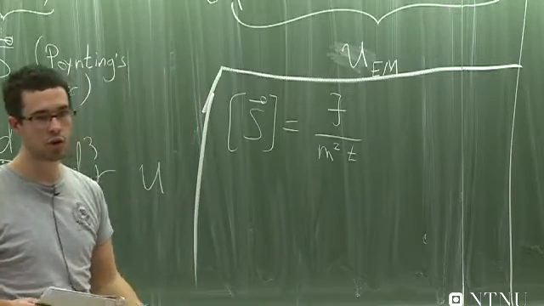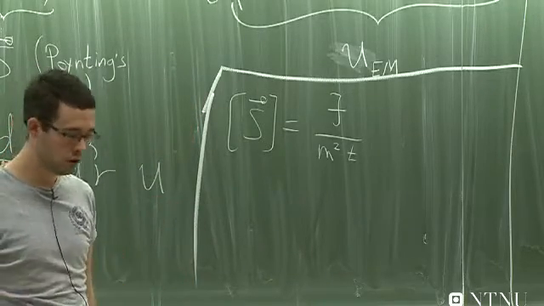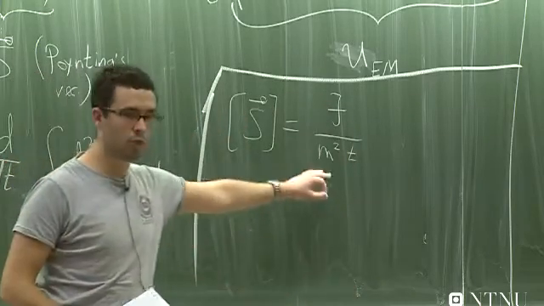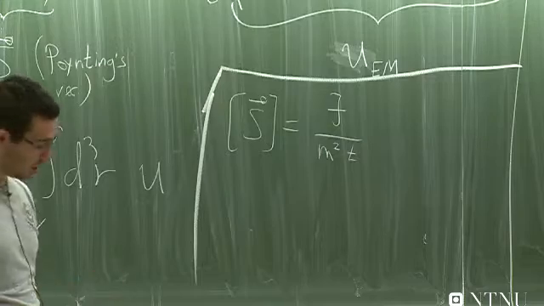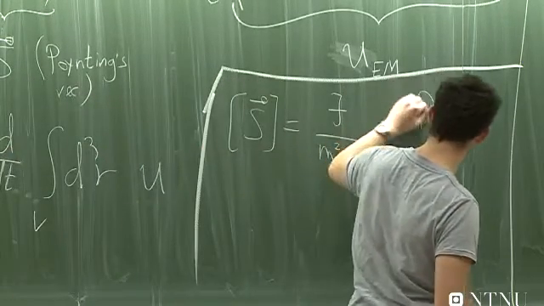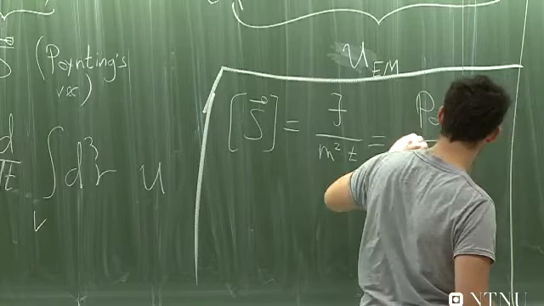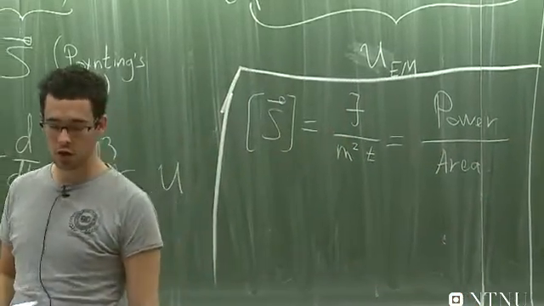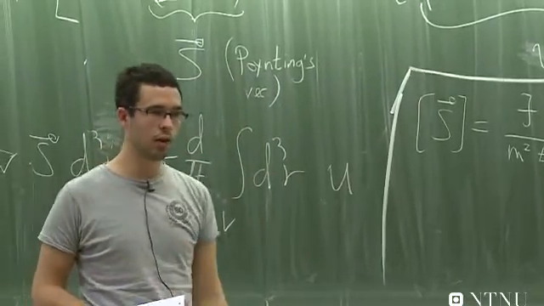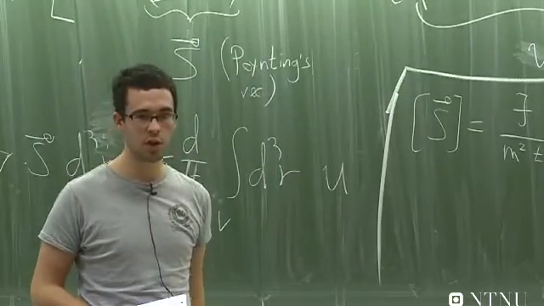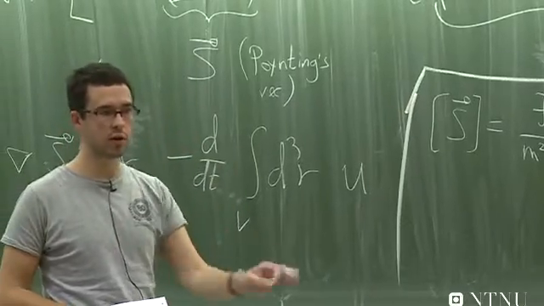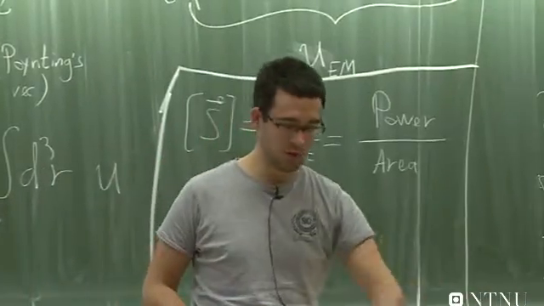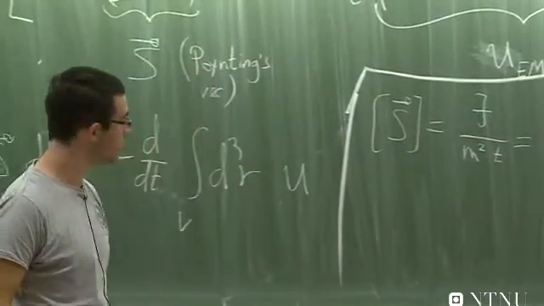So it's the flow of energy through a surface area, let's say through this table, if you have radio waves going through the table, and per time unit. And that's essentially power per area. So if you want to figure out how much energy a solar panel receives over, let's say, 1 hour, you just integrate the Poynting vector of the radiation from the sun across a surface that's equivalent to your solar panel. Okay.